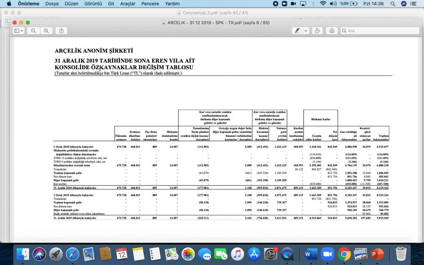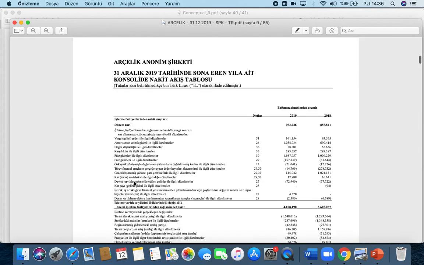Then this is the statement of owner's equity. It shows the change in the owner's equity. It shows the change in the wealth of the owners. Then at the end, you are going to confront the statement of cash flows.